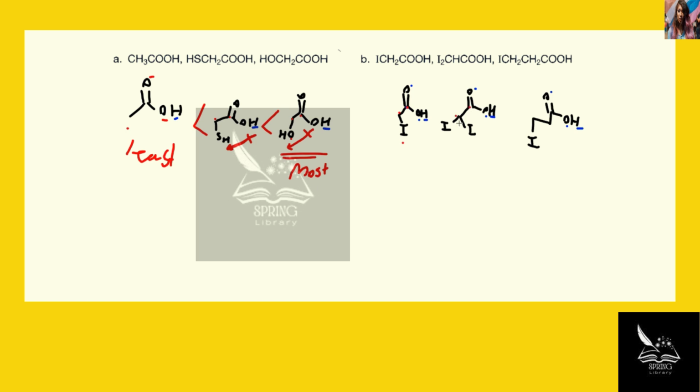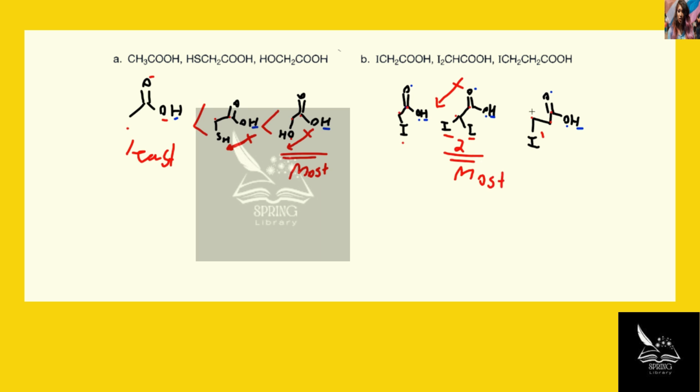The middle one, 2 carbons away, we have 2 iodines, and the third one, 3 carbons away, we have 1 iodine. Obviously something that has more electron withdrawing groups, 2 iodines closer together, is going to have the most electron density pulling effect towards the iodines, and therefore is going to stabilize the conjugate base to the most degree. So we can say this middle one is going to be the most acidic.